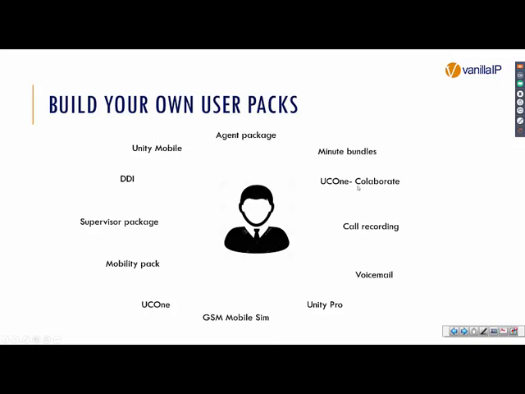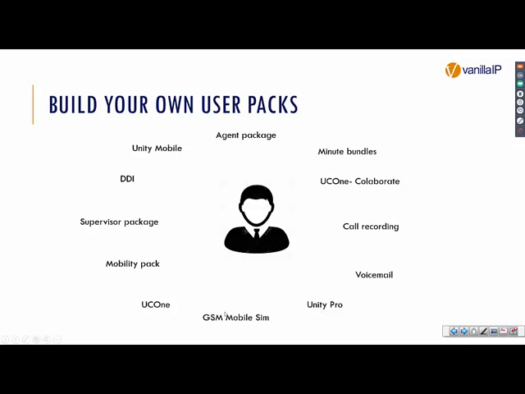The new tools like the UC1 collaboration suite, the call recording proposition that I've talked about, voicemail. A lot of people think voicemail goes in as default, but when our statistics tell us only 55% of people currently want to take voicemail, of course it should be an option that you can choose to put in or leave out. One of the Unity products, Unity Pro, the upgraded version with instant message, so good entry-level instant message tool.